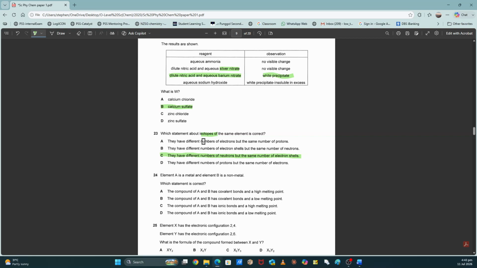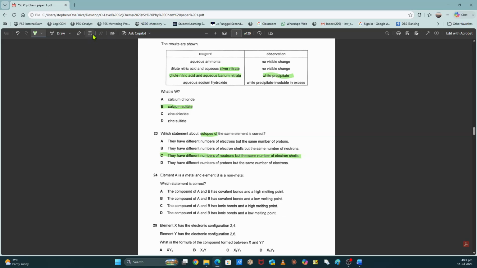So maybe it has lost electrons, or maybe it has gained electrons, it is a non-matter. So A is not an answer. They have different number of electron shells. That means different number of protons, right? But the same number of neutrons, which is not an answer. Isotopes should have the same number of protons, in other words, same number of electron shells.